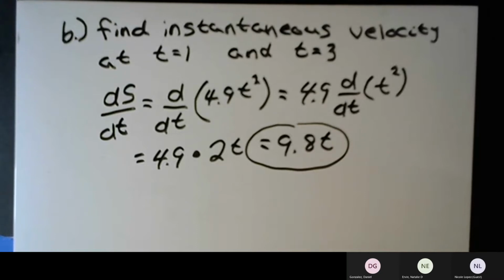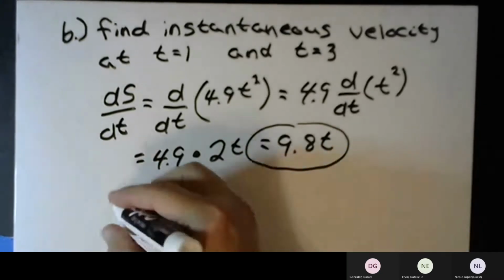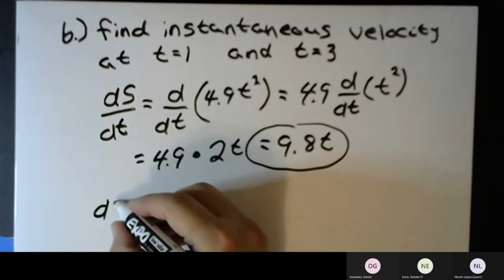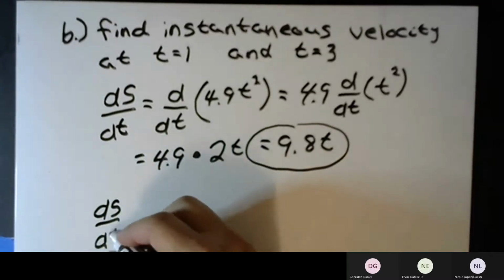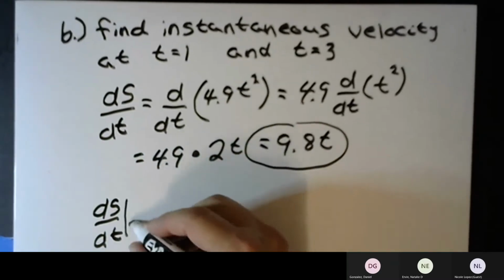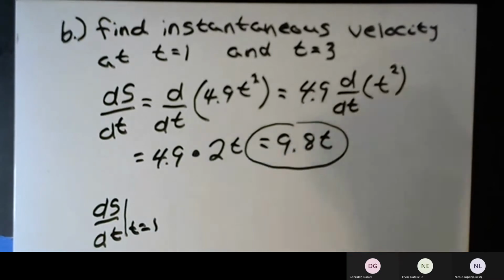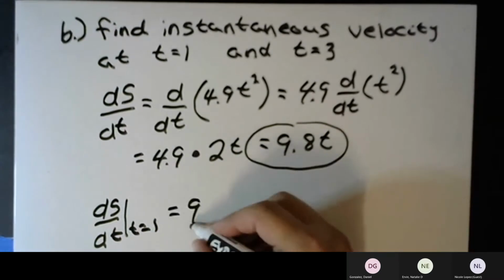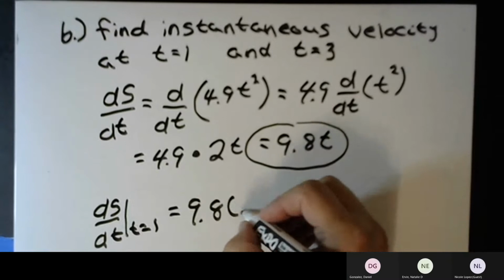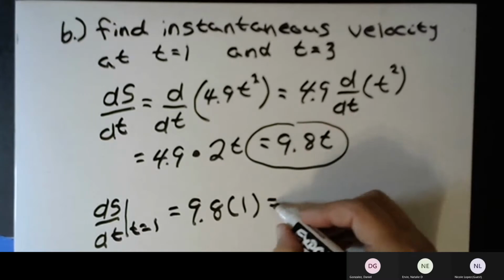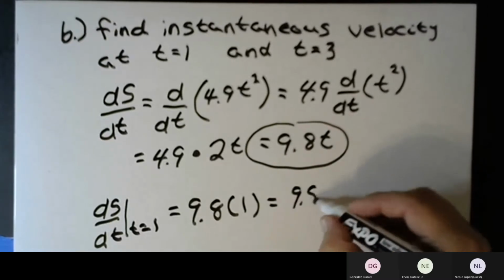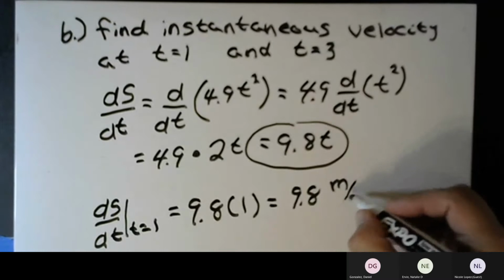So this is going to be ds dt. So ds dt at t equals 1 will be 9.8 times 1, or just 9.8 meters per second.